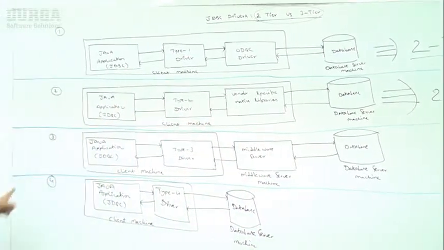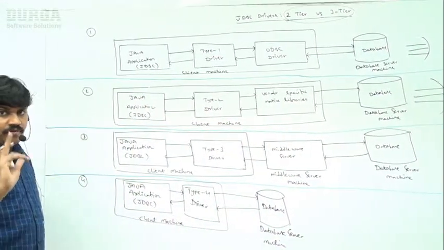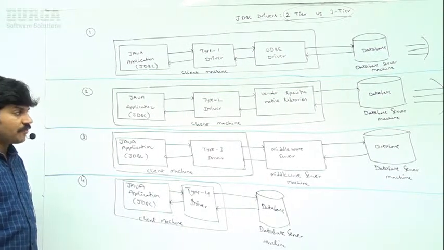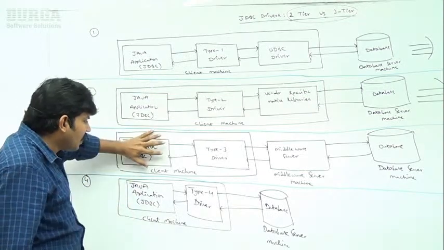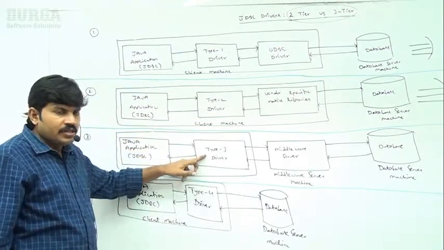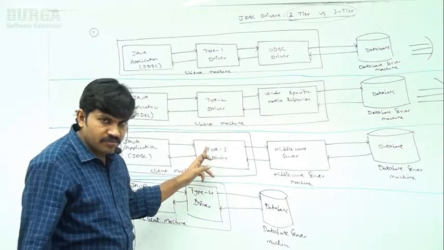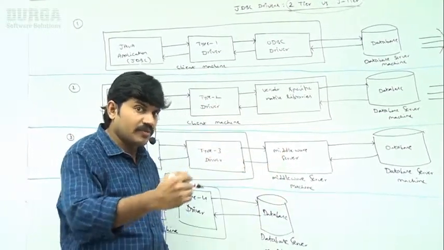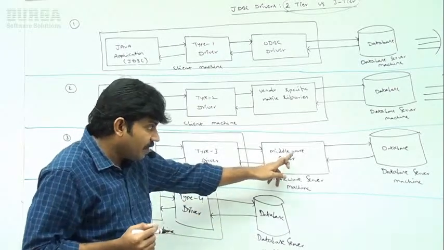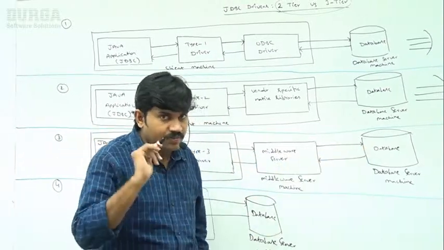But observe the type 3 driver, right? Very, very important, sir. There is a small difference there, observe. On the client machine, have you observed Java application, type 3 driver? Sir, Java application communicates with the type 3 driver. Type 3 driver communicates with the middleware server by using a network protocol. Next, the middleware server communicates with the database. Are you getting it, right?